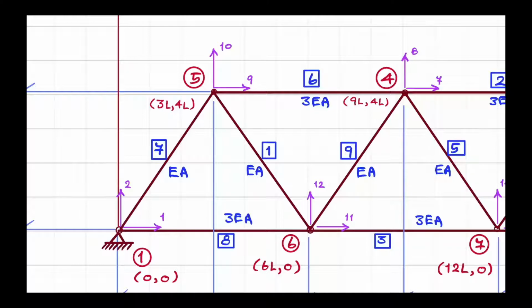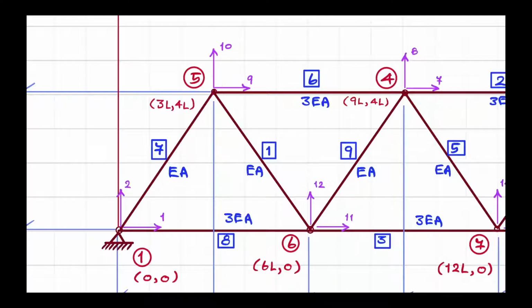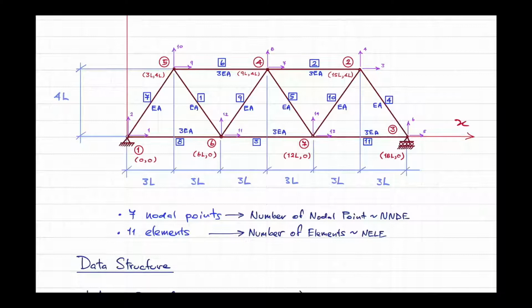Okay, I point on the board and you will not see that on the screen. So if we use the number 5 as a starting, it goes like this, or the negative of this. Whereas if you use the number 6, it goes like this, or the negative of this. Well, that depends on the calculation we're going to make in the next step, but it will be generalized for all cases. So I give you this node number 1, 5, 6 or 6, 5, whichever.